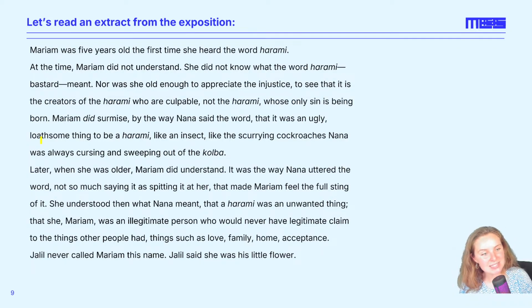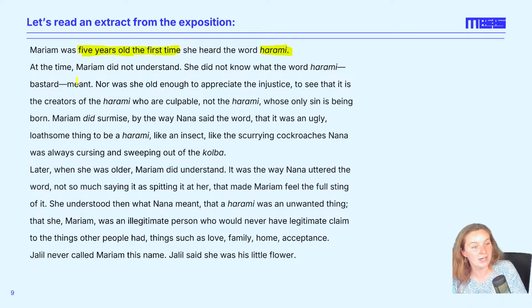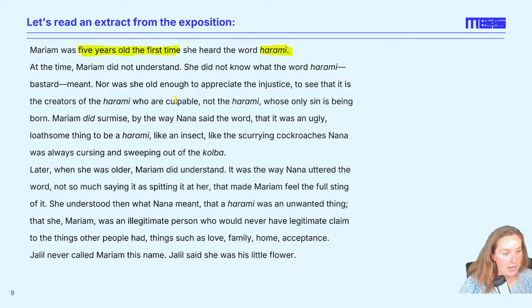Yes, and we can see how much Mariam feels unwanted in words like, for example, harami. And we see the grounding immediately in Mariam's age, the first time she heard this word, she was 5 years old. So her mother called her a bastard, with all of the vitriol and with all of the energy and heat behind that word when she was 5 years old for the first time.